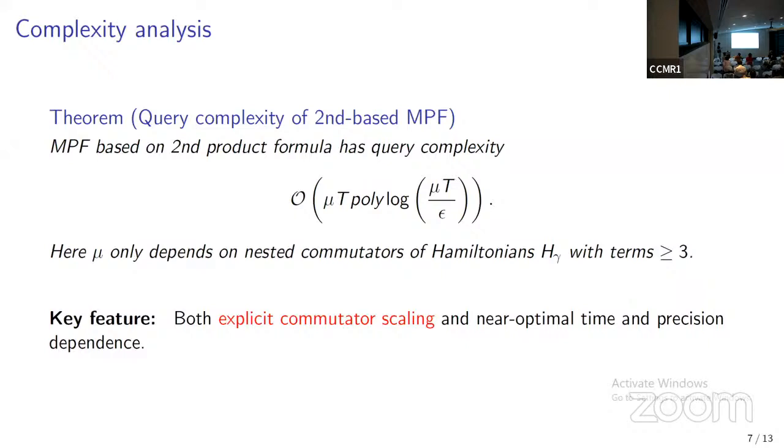So if all of the Hamiltonians commute with each other, then this mu would just be 0, so there's no error in the entire formula. But here, this mu can really explore the spatial structure of my Hamiltonians. So by this complexity analysis, we can really guarantee both nice features that we were expecting for this multi-product formula. Let me talk a little bit more about this commutator scaling mu.